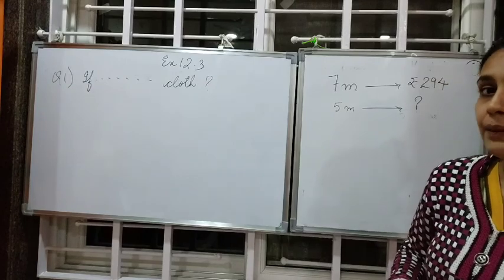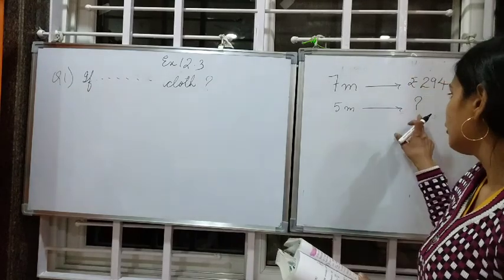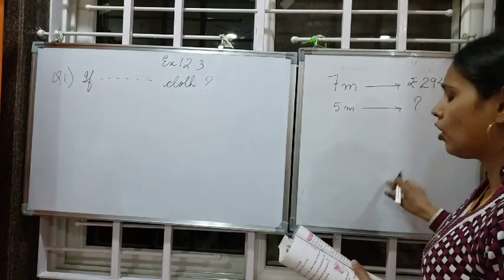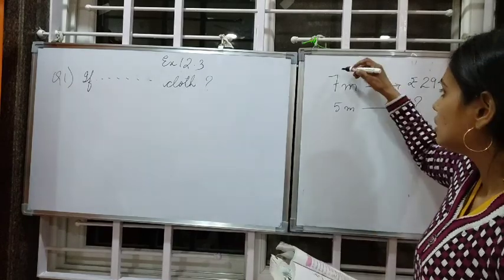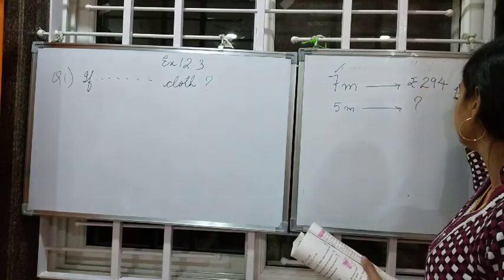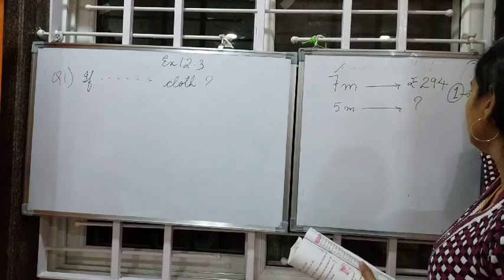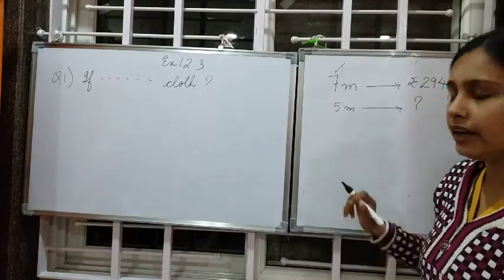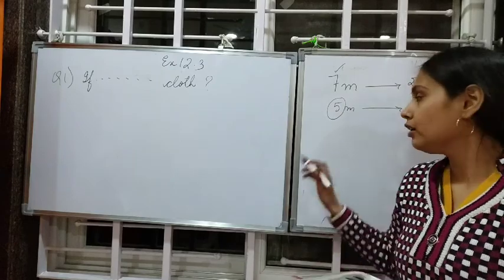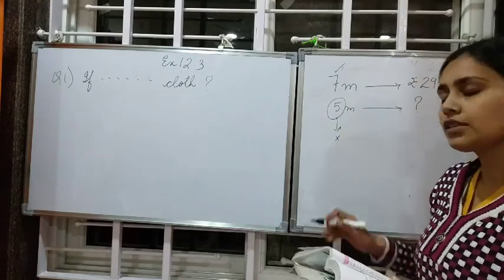The sum is given. From here, we find for 1 through division, and then we find for the given value which is more than 1 through multiplication.